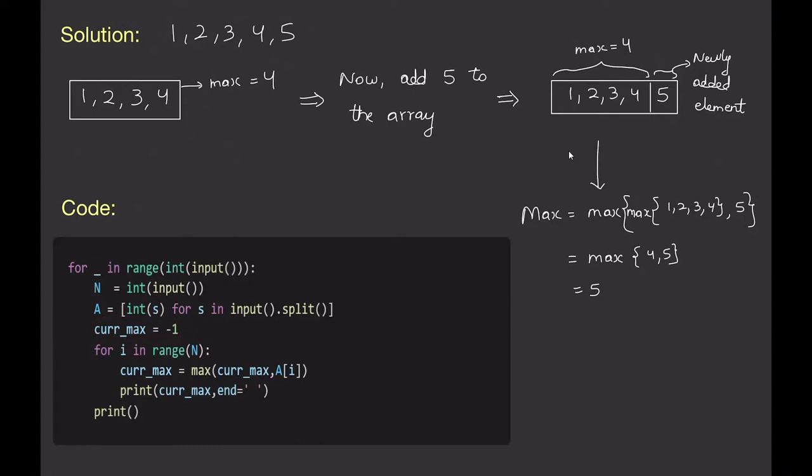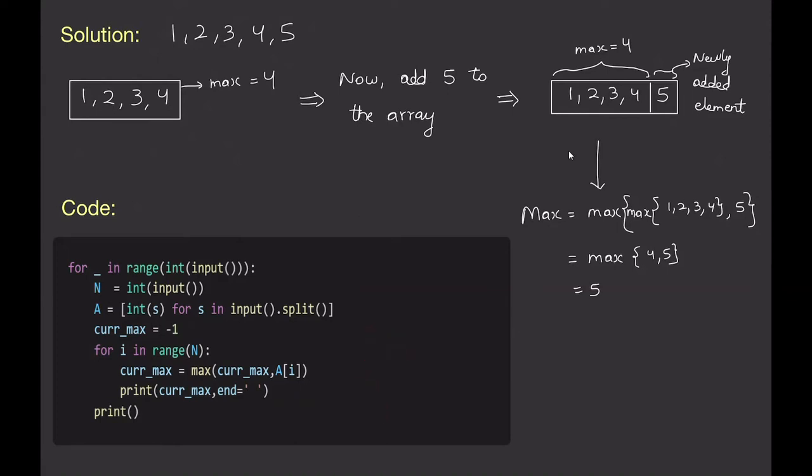Now when I run the loop over n, in the first case I get just a of 1 when i equal to 1. So max of a of 1 and current max will always be a of 1, and that's why the answer in the case of i equal to 1 is always a1, because there is only one element.